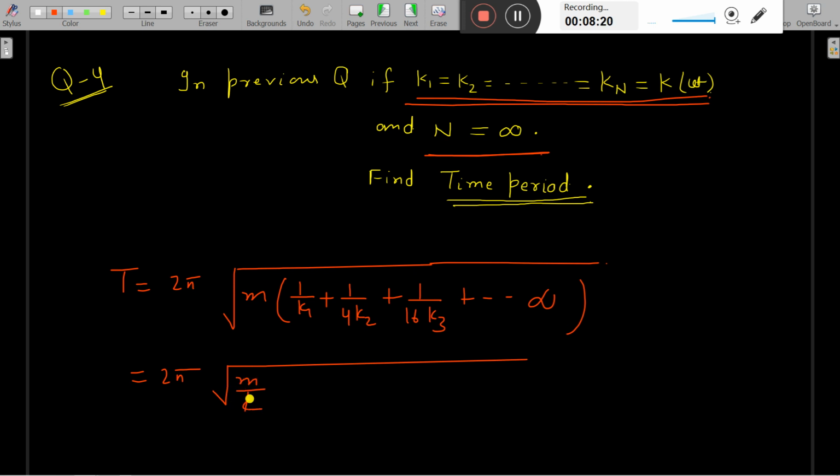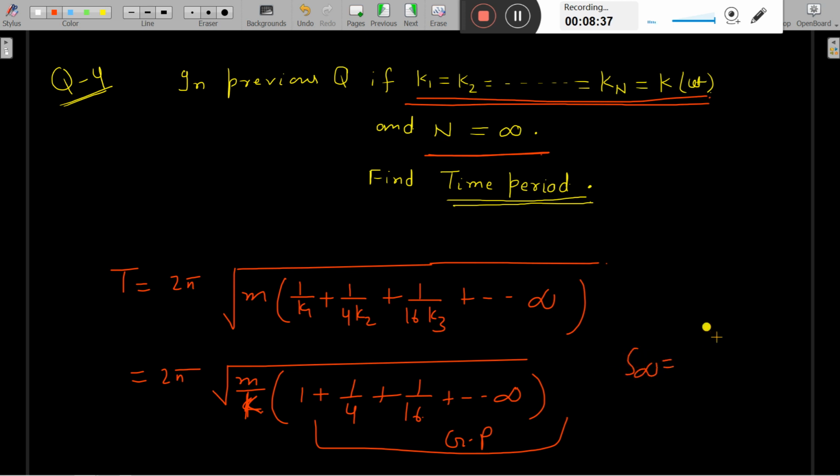So the constant k comes out outside of the bracket, and it is 1 plus 1 by 4 plus 1 by 16 to infinite terms. This is also a geometric progression, and we know the sum to infinite is a over 1 minus r, 1 minus 1 by 4. So the answer is 4 over 3.